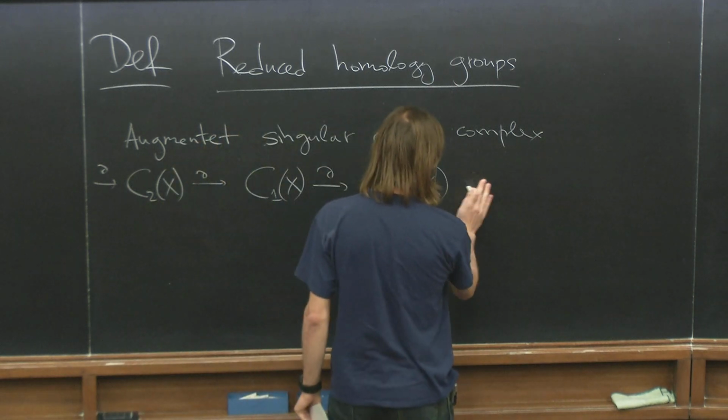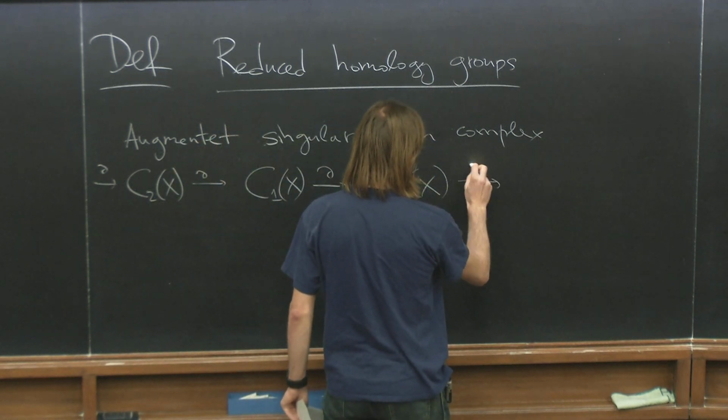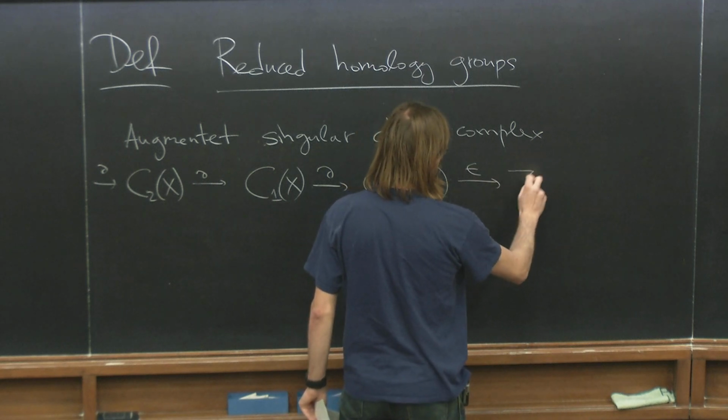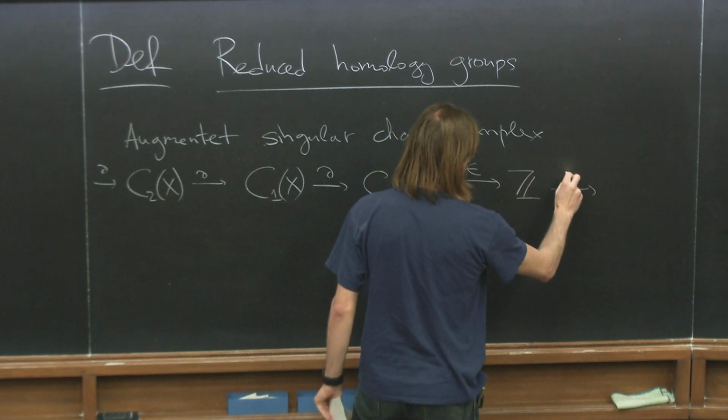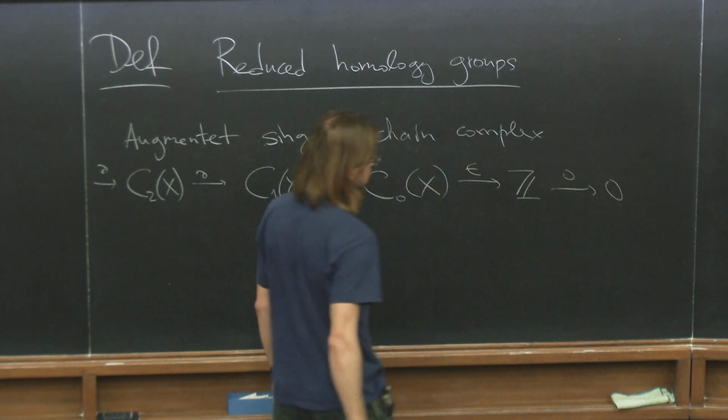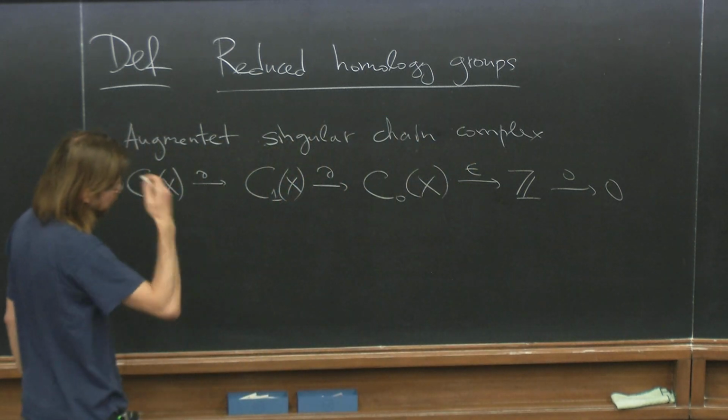But we can consider a slight modification and consider instead a certain map epsilon, which will take us to Z, and then the next map will be just the 0 map, taking us to 0.